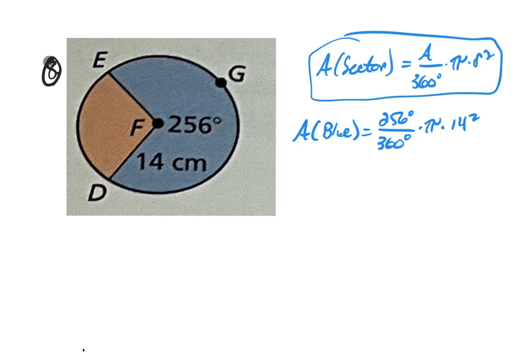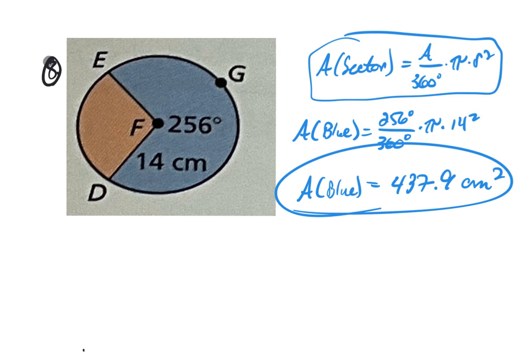Okay, and that's all there is to it. We move to our calculator, and we take 256 divided by 360. We get kind of a crazy decimal. We multiply by pi, and we multiply by 14 squared. And what we should get as a result for the blue area is approximately 437.9 square centimeters.